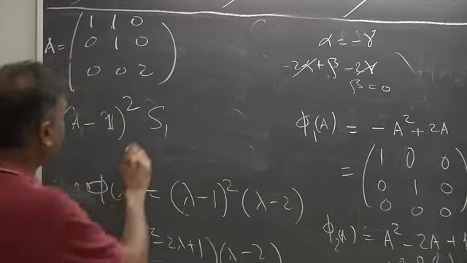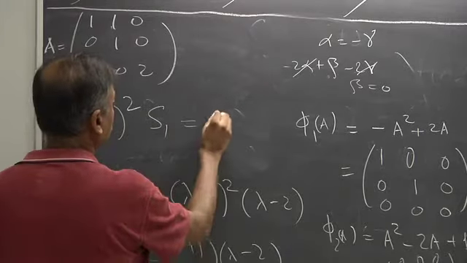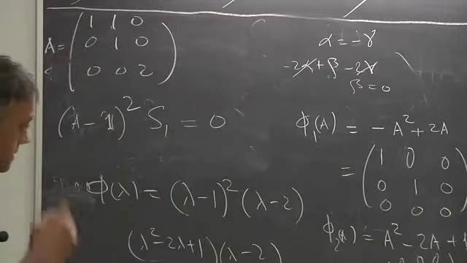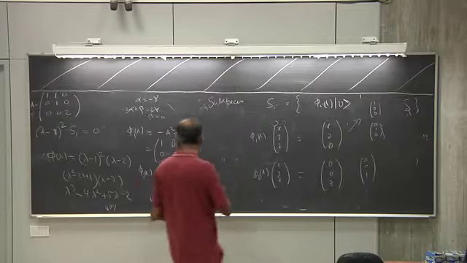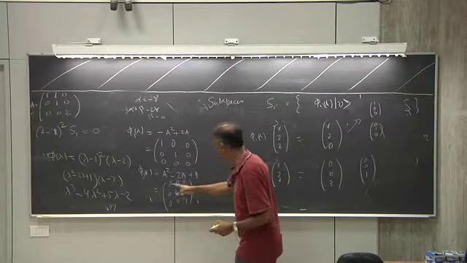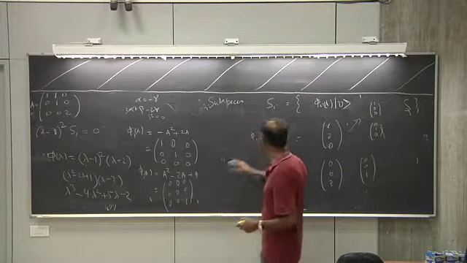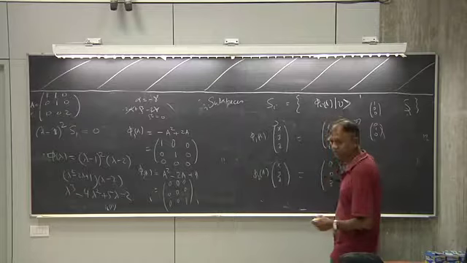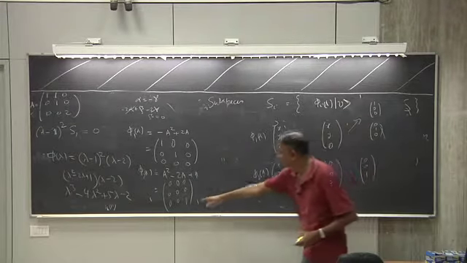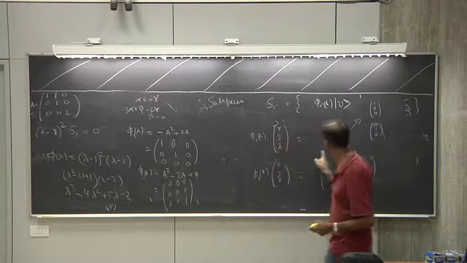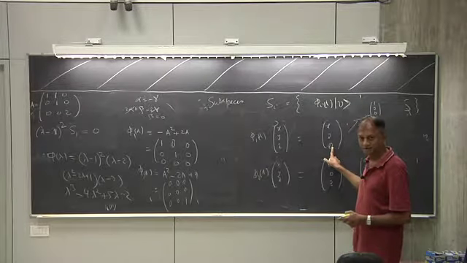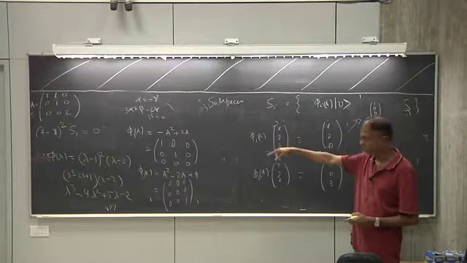So any vector of S1, this should give you 0. But a minus 1 squared we already computed. A minus 1 squared was this, right? Now apply this on any vector of this form, it is 0, because the only non-zero element is 1 here, but here this is 0. So this statement is indeed true.